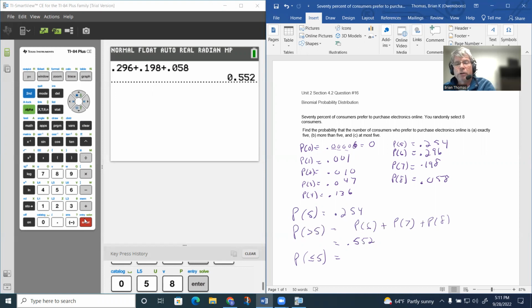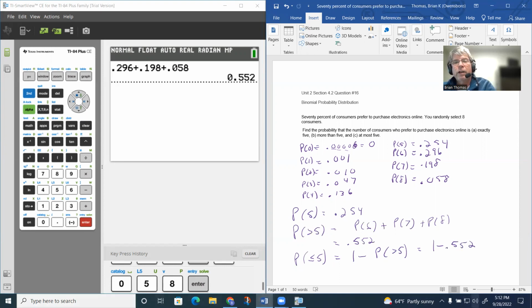The shortcut there would be 1 minus the probability of greater than 5. So look for the complement. The opposite of greater than 5 is less than or equal to 5, so subtract 1 minus that. If I go 1 minus the 0.552, that should give me the other side, at most 5.